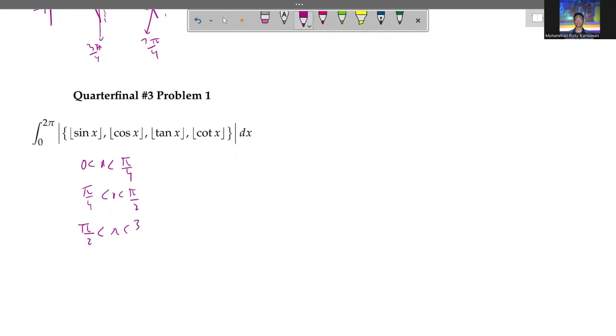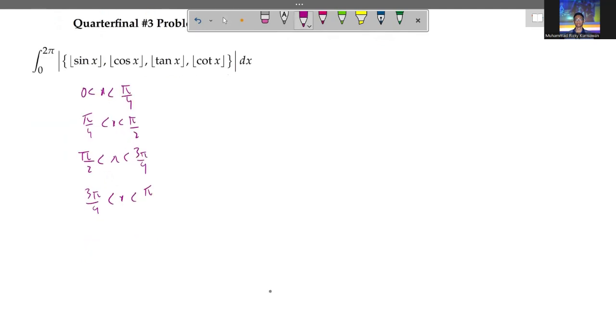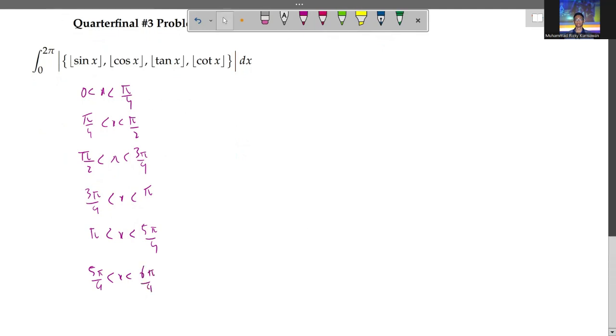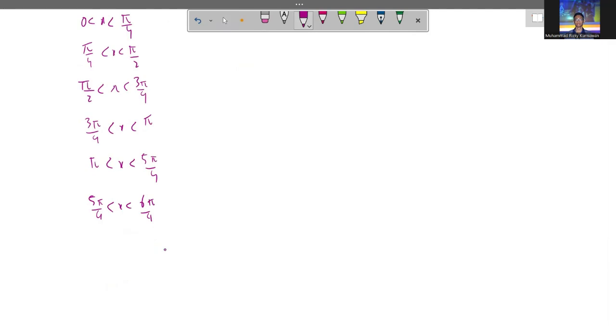So that's exactly what we're doing here. 3 over 4, 4 over 4, 5/4, 6/4, 7/4, and maybe hold on, this is actually 3/2.